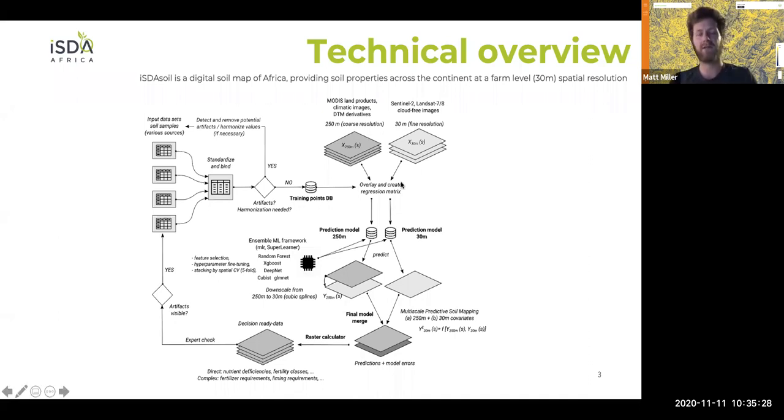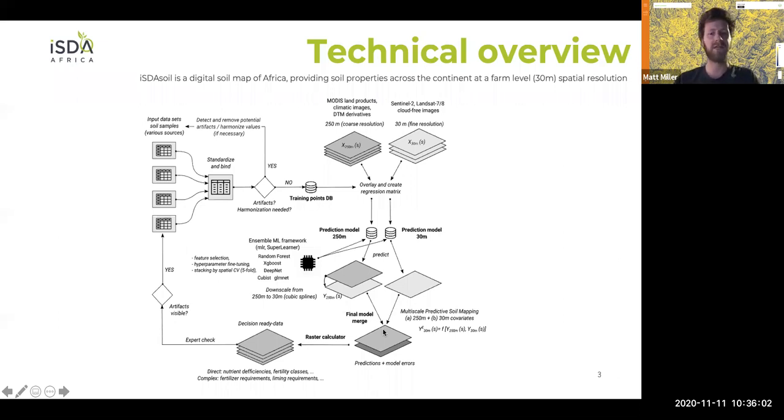Once we've brought all those data points together, both the covariates and the soil data, we predicted at both 250-meter resolution and 30-meter resolution about 16 different soil variables. We used an ensemble machine learning approach, using 5 different algorithms, which are listed there. Then we again predicted for both a coarse and a fine scale resolution, and finally merged the results into one layer.